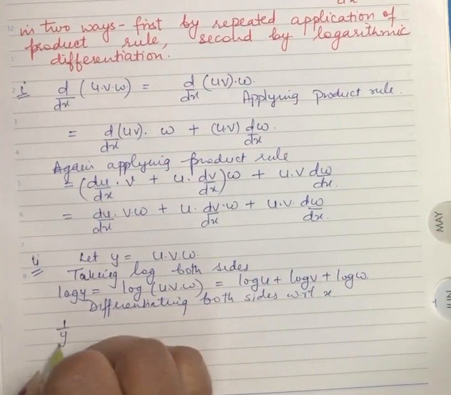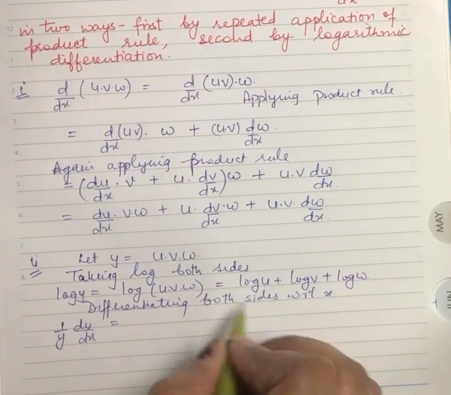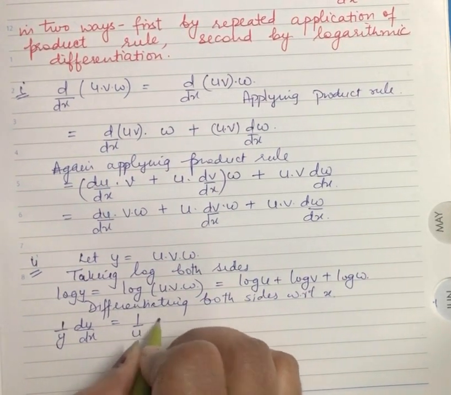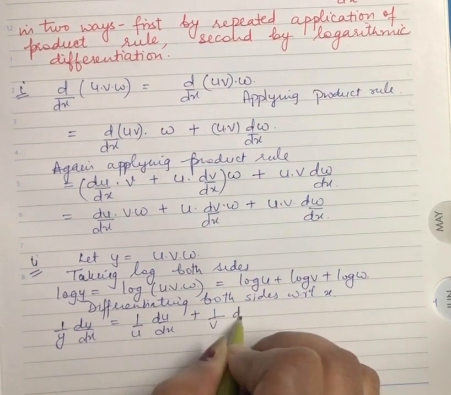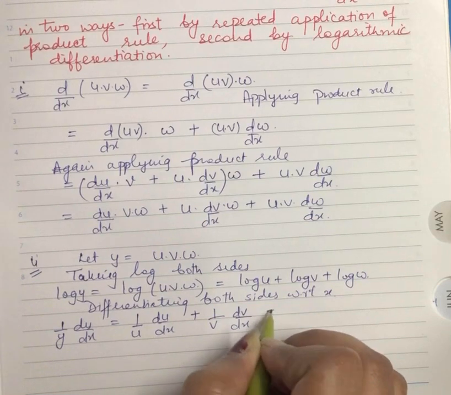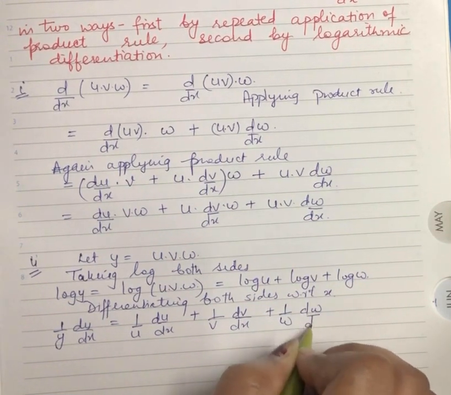1 by y dy by dx will be, now log u, differentiation of log u will be 1 by u du by dx, then plus 1 by v dv by dx, applying the chain rule, and 1 by w dw by dx.